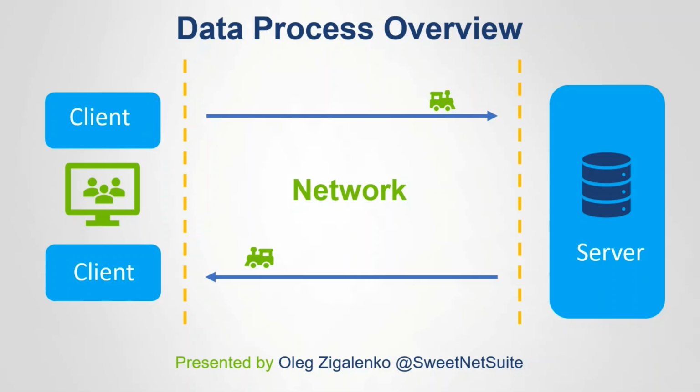This will help us understand at which point the slowness happens. Now let's get back into NetSuite and see what this page looks like, which will give us an answer to why this is so slow.